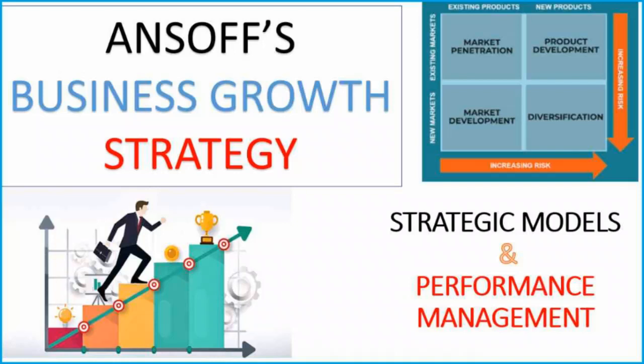It is at the extreme bottom right, under product development, and is the riskiest, just as we can see. Like I said, the farther it goes to the right and the farther it goes down, the riskier the strategy becomes. So diversification is the riskiest of them all.